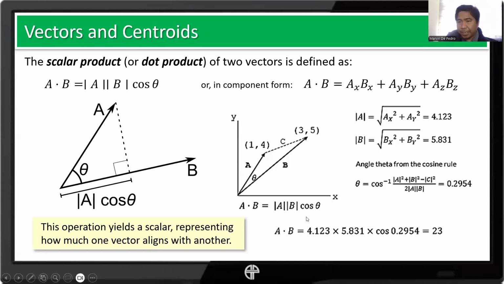Here, you can use this formula: the arc cosine of the square of magnitude A plus the square of magnitude B minus the square of magnitude C, divided by twice the product of magnitudes A and B. However, the problem here is we don't have the magnitude C of our vector.